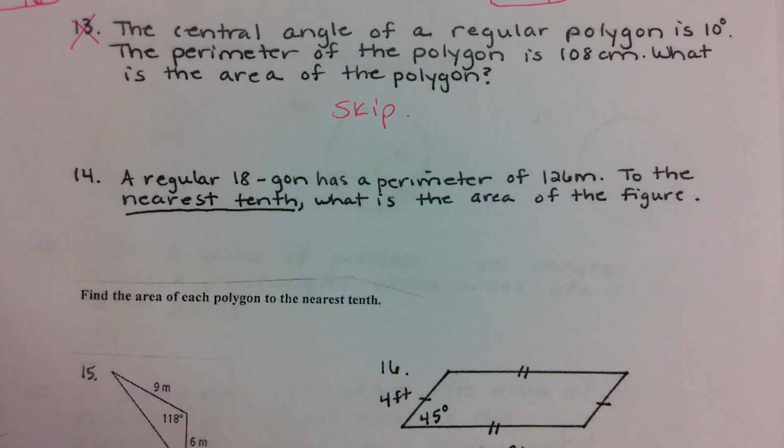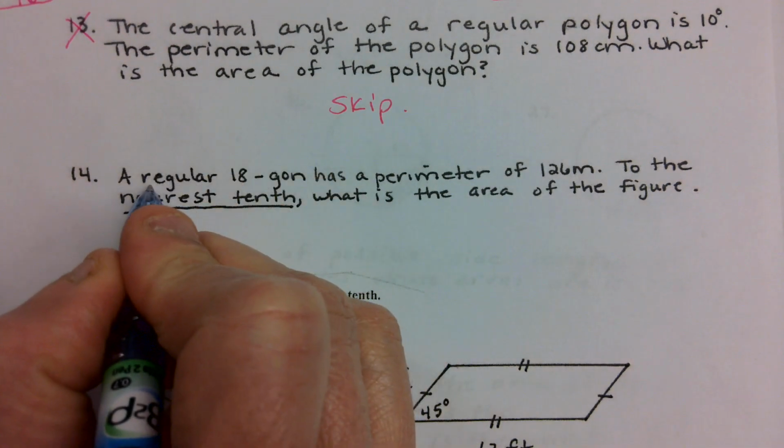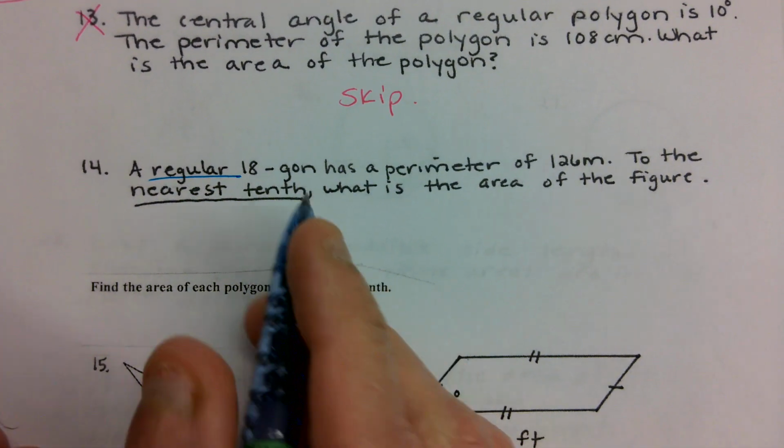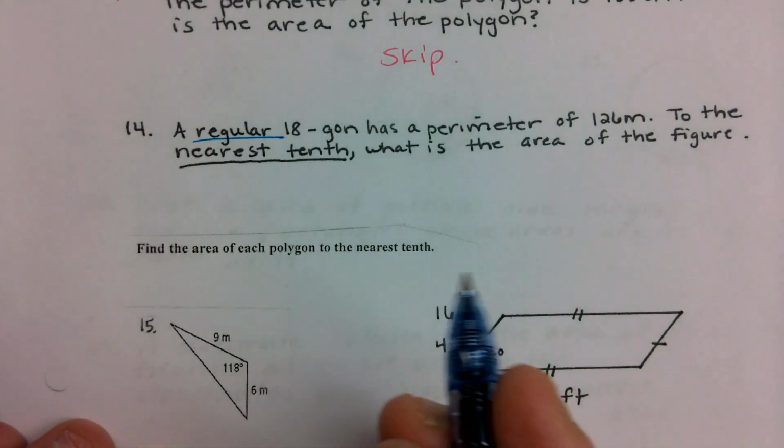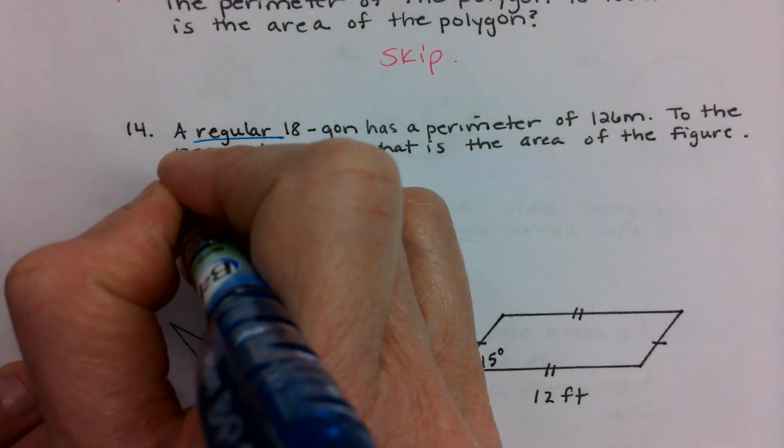Onward we go. Wow, I don't know if it's because I'm struggling so much with my sneezing, but this seems to be taking forever, although it is almost an hour already. A regular 18-gon has a perimeter of 126. To the nearest tenth, what's the area of the figure? Regular is key, and 18-gon tells you I don't have a special formula for that.